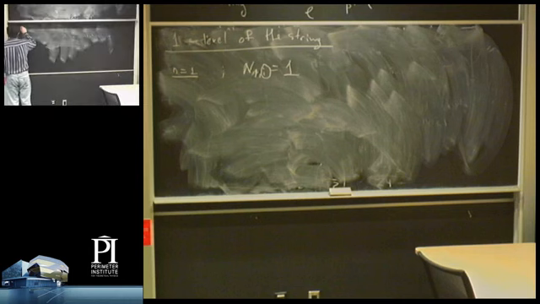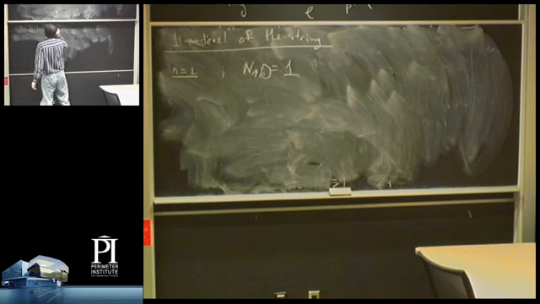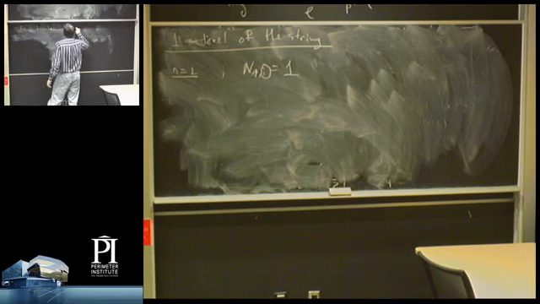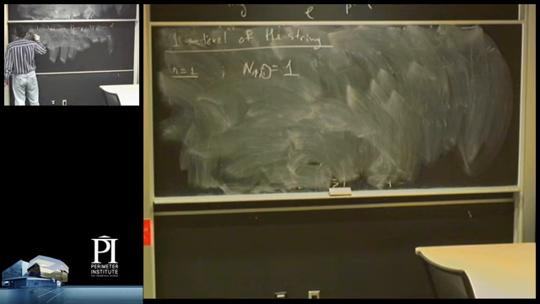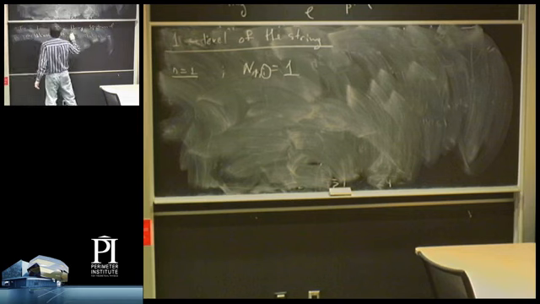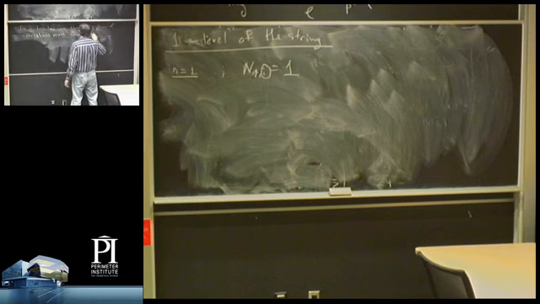For a Lorentz invariant theory, the spectrum of excitations must form a representation of SO(d minus 1, 1), right?